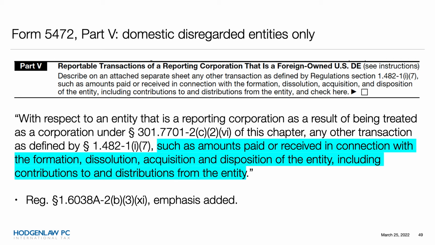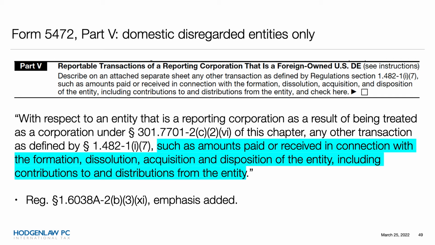But what about the formation costs? Say that's kind of like a capital contribution to an entity, and then the entity used the money to form itself. And so that's not really a deductible expense, is it? I don't know. Could be, you amortize it off. But as you can see here in the regs, any amounts paid for formation, dissolution, acquisition, and disposition of the entity, and money in and out for any reason.